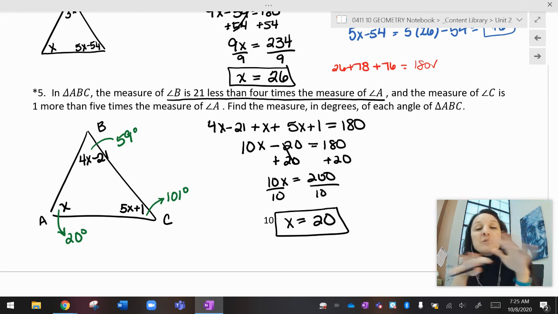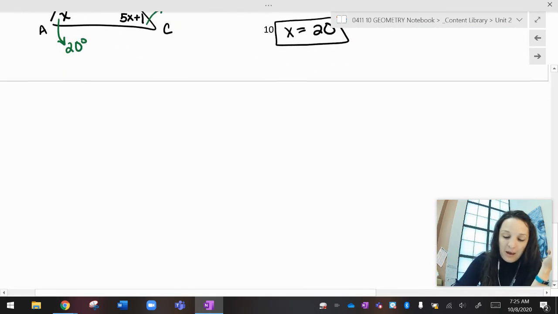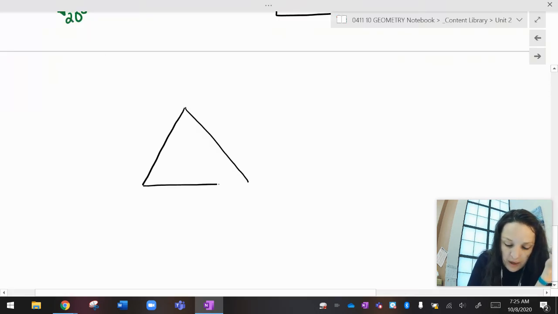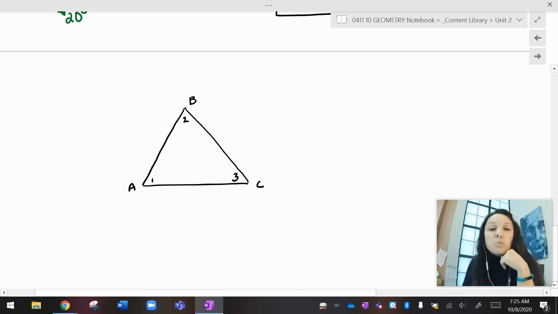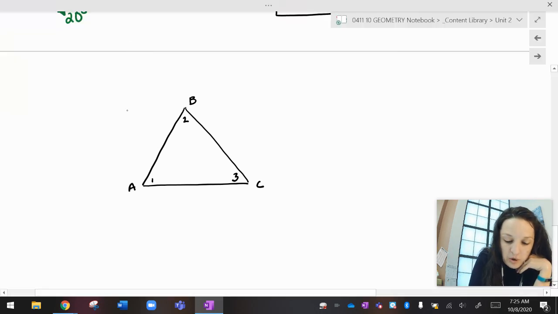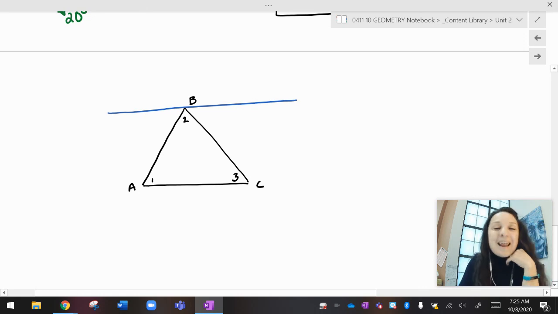All right, if you don't want to see a proof, you are free to sign off. But if you want to see a kind of quick proof, hang on. Another reason that we know that the angles in a triangle add up to 180 is because if I draw this triangle ABC, and I number the angles 1, 2, 3, what I can do is I can come here and draw in an extra line.